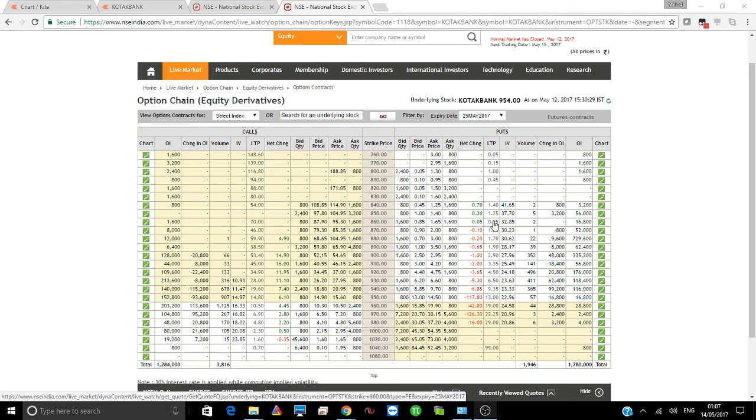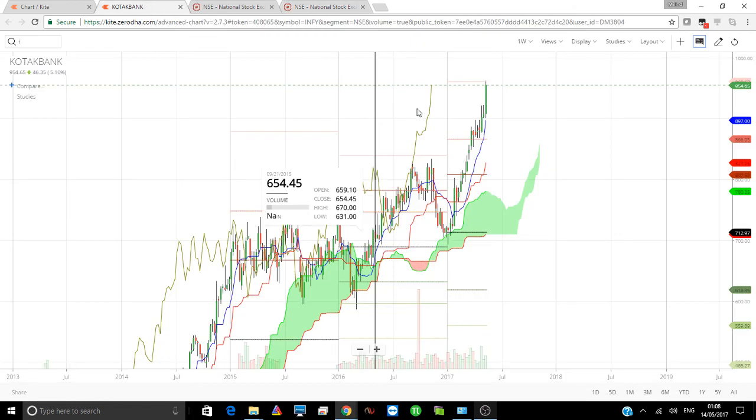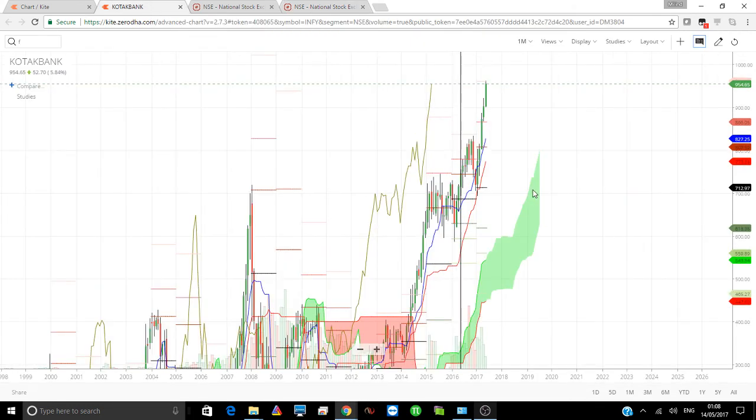If I multiply 0.1 by half a percent for 15 days, twice of that is 1%. So on my investment, I can get about 1% to 3% on a stock which I am fairly sure is a very good bet: on monthly it's excellent, on weekly it's excellent, on daily it's excellent.